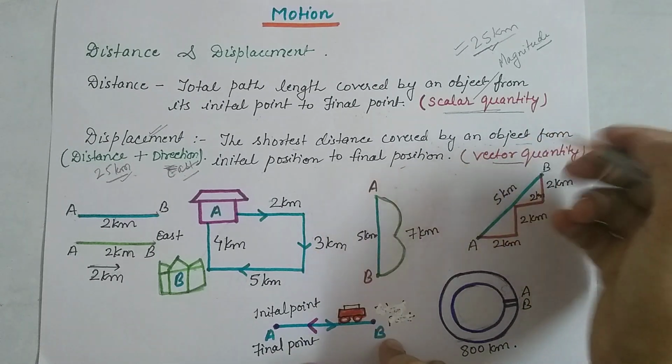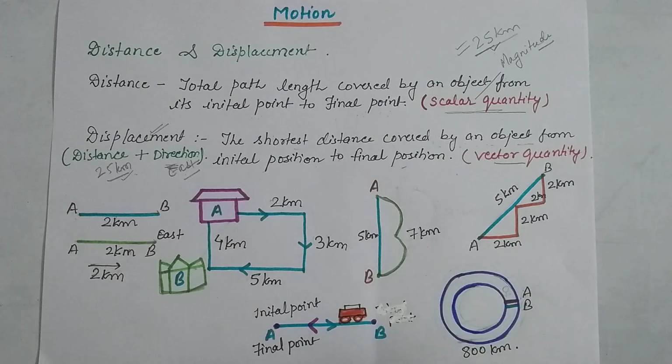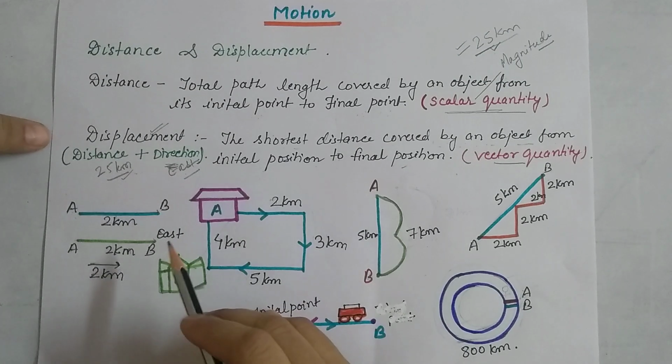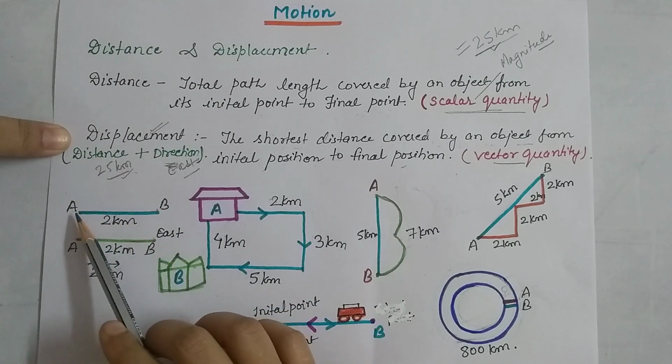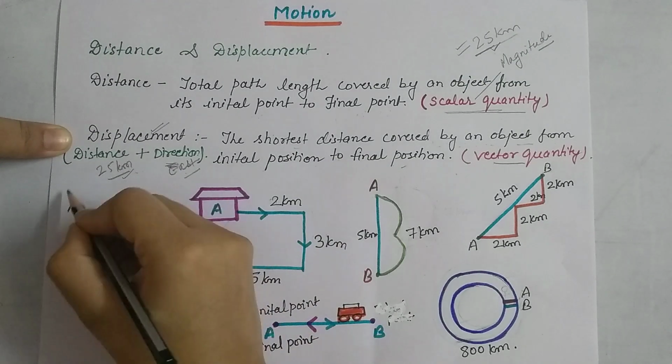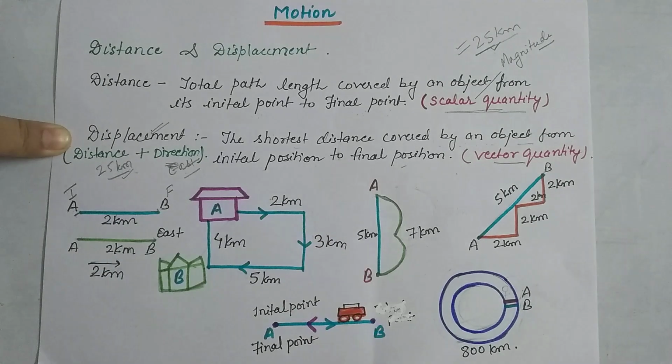So let's see this through some examples. I have drawn many illustrations for you, and the questions ask in this way with different diagrams. First, this is the initial point and this is the final point.